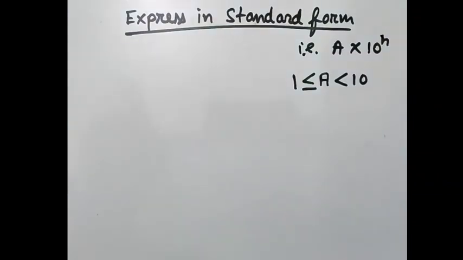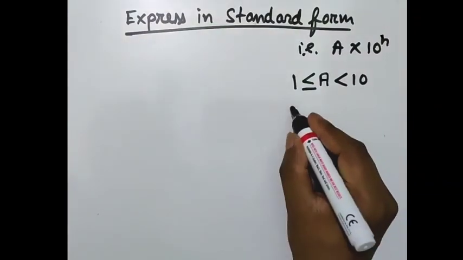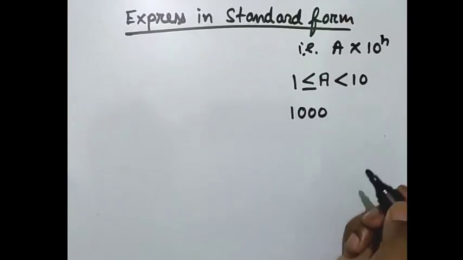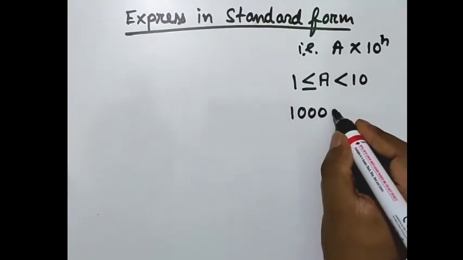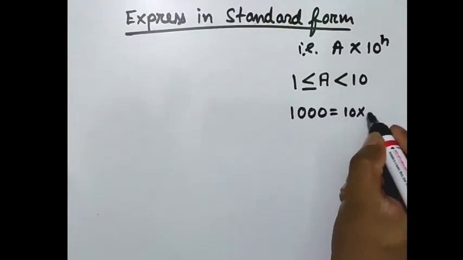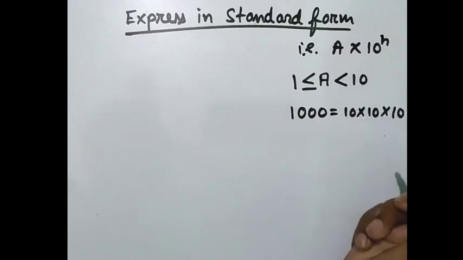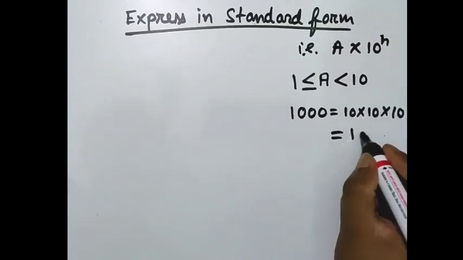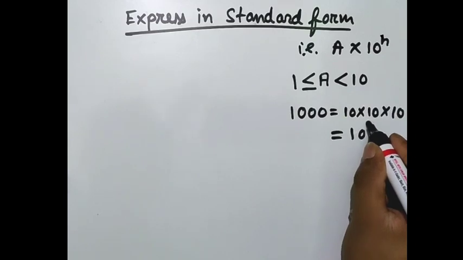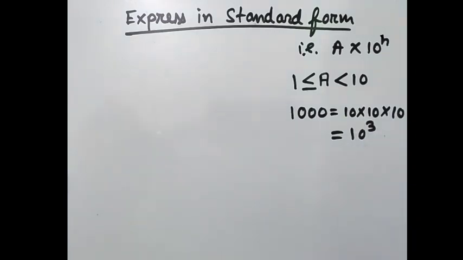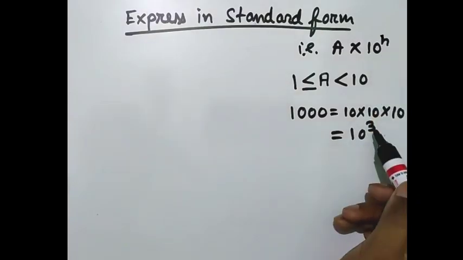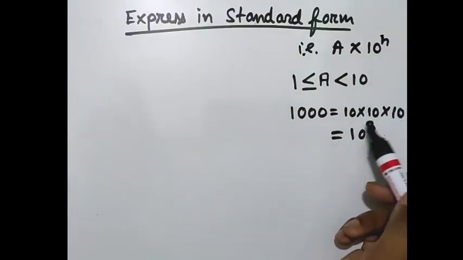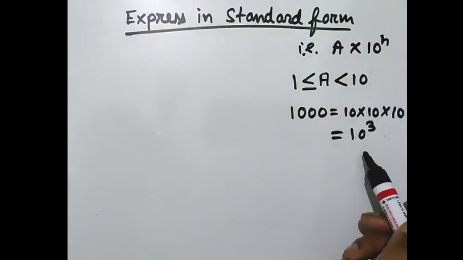And what is 10 to the power n? Let's say here we have the number 1000. Now we can express this number as 10 times 10 times 10, which means 1000, or in the exponential form 10 to the power 3, right? So this is 10 to the power n, where n is an integer. It is a power of 10.